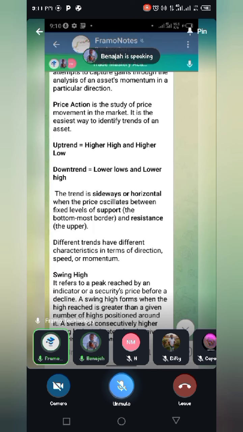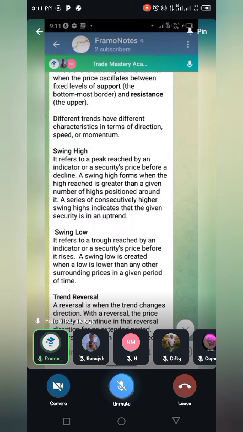Yes. Okay. Then you can also hear a term called swing high. When we say swing high, it's a peak, a point where the price starts to decline.